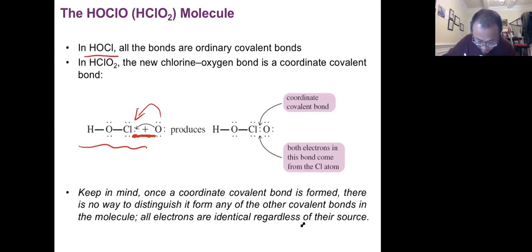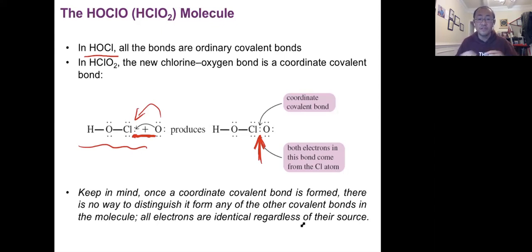That's the new bond we're talking about here, and I'm putting the arrow here. Now take a look at this new bond. It has 2 electrons in it. These 2 electrons came from where? From chlorine only, not 1 from each. And that bond is called a coordinate covalent bond as well.